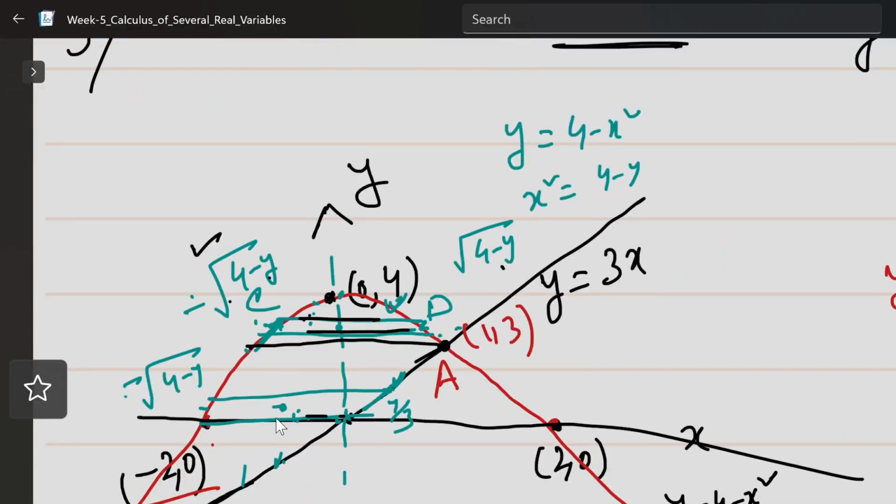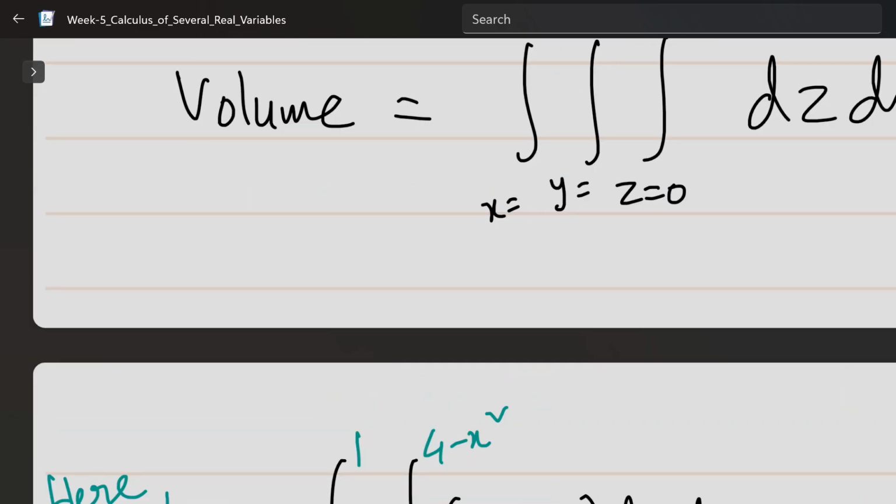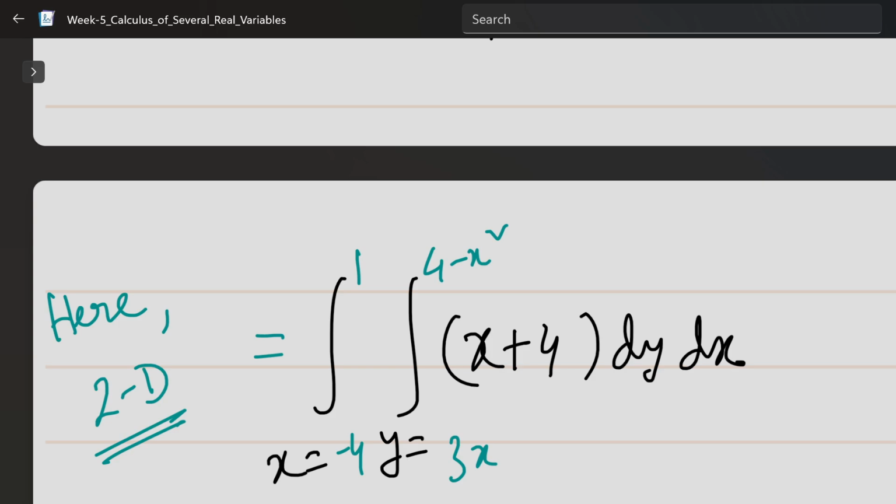Why did I not take a horizontal strip? Because then it is too tedious. I have to divide this into two regions. As I draw, suppose here is my region, and there is another line also.